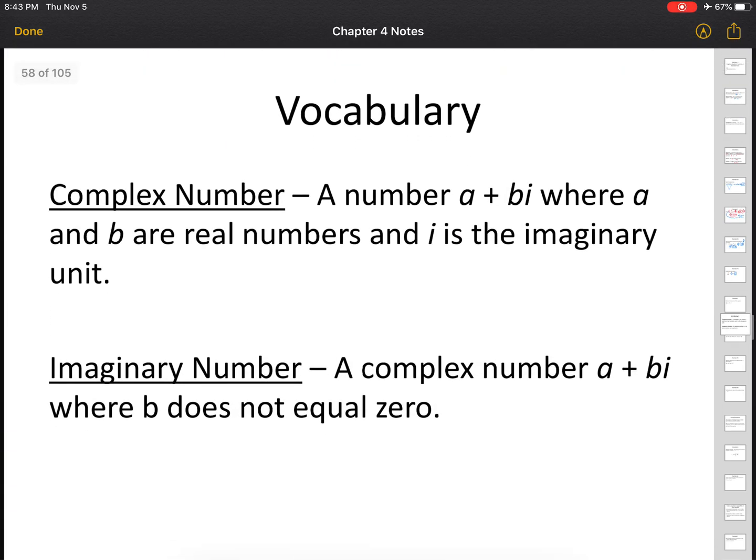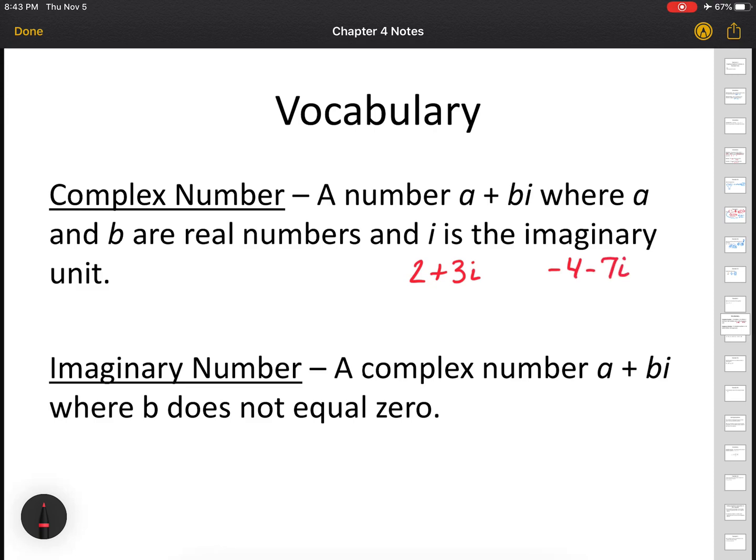A little bit more vocab. Since we're dealing with the imaginary unit i, we see these a lot in complex numbers. A complex number is a number a plus bi, where a and b are real numbers, and i is the imaginary unit. So a and b are just regular old numbers. For example, a complex number could be 2 plus 3i, or even -4 minus 7i. Those are complex numbers.